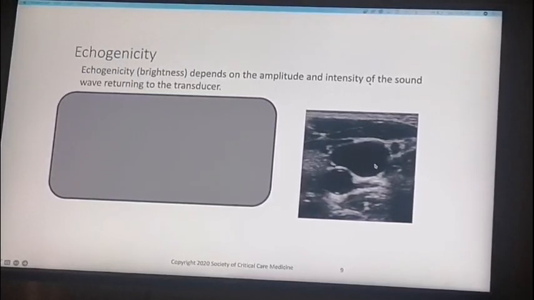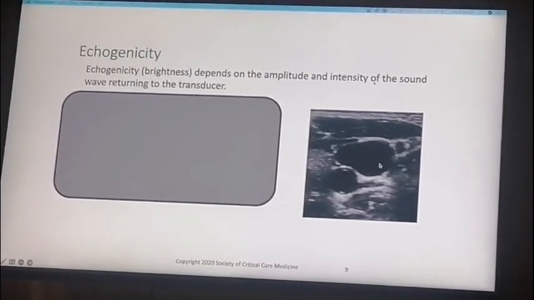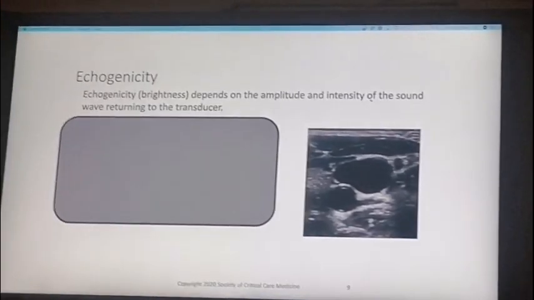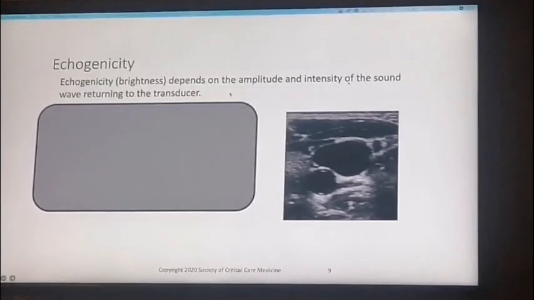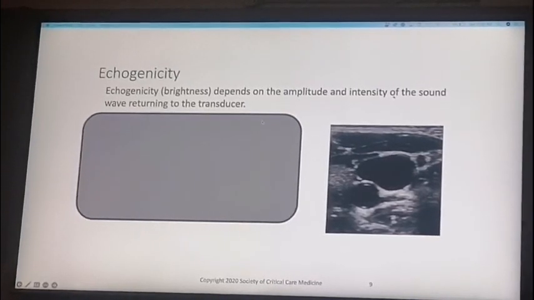In this short presentation, we need to understand the language. What could be the bright things in the ultrasound, or the hypoechoic or black things? It depends on the amplitude and the intensity of the ultrasound wave returning to the transducer.